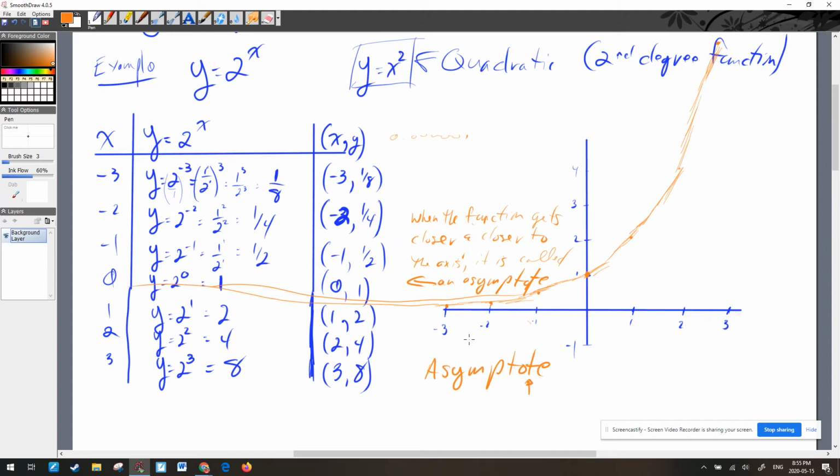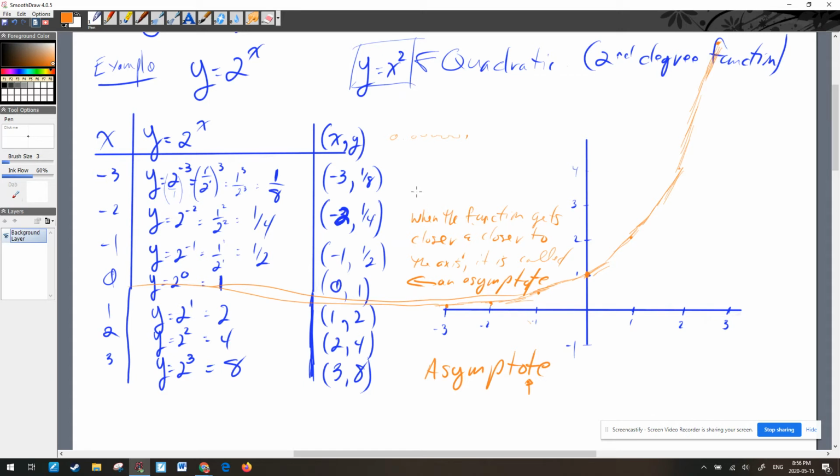There's not any limit to the number of times you can go halfway to the door, but you will never get there if we're only going to go halfway. And so an asymptote is just like that. You can get half closer and then half closer, but you never actually get there if you're only going halfway every time. So that is called being asymptotic, but that is an asymptote.